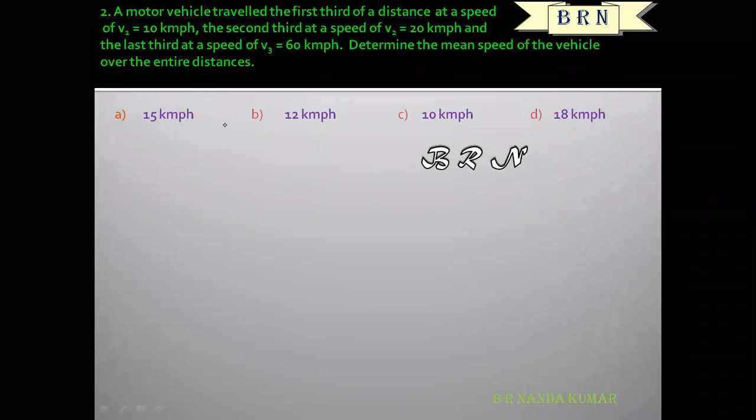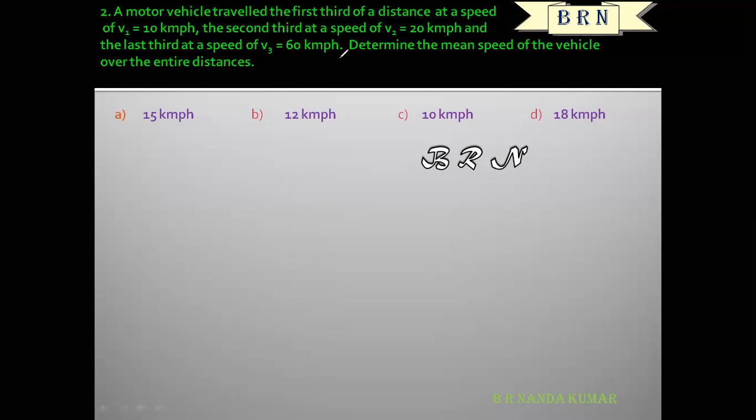Okay, the next numerical. A motor vehicle traveled the first third of a distance at a speed of 10 km/h, the second third at a speed of 20 km/h, and the last third at a speed of 60 km/h.